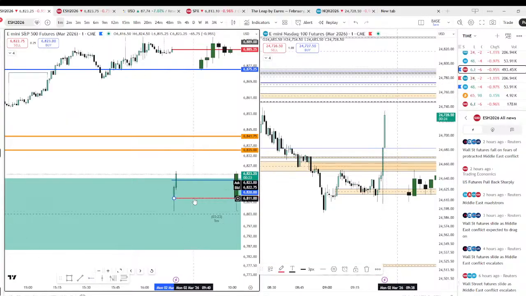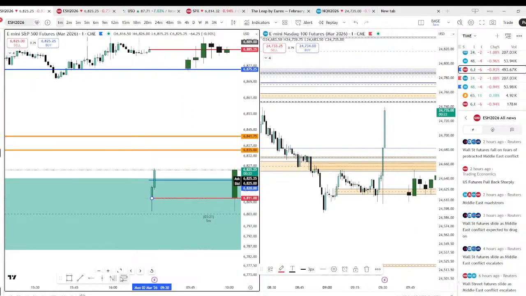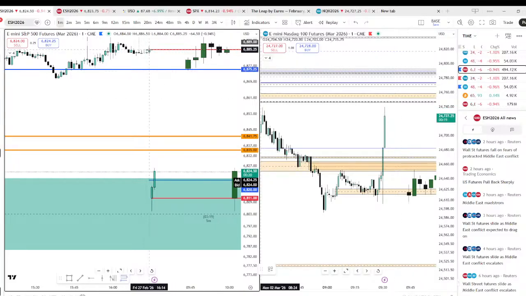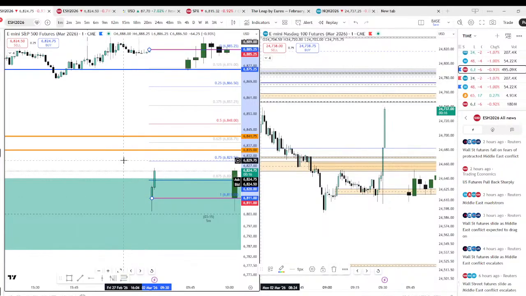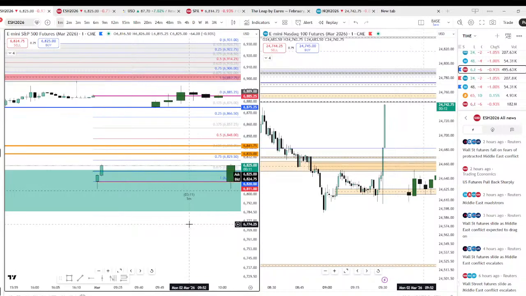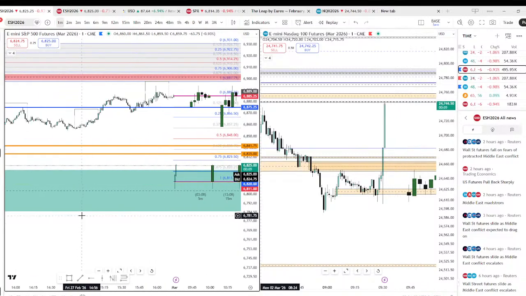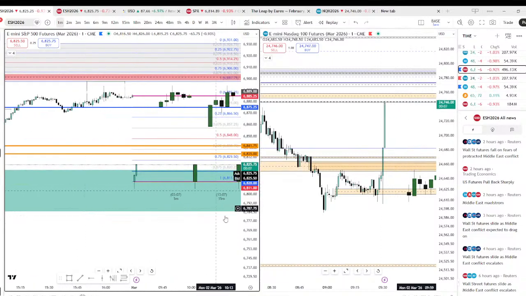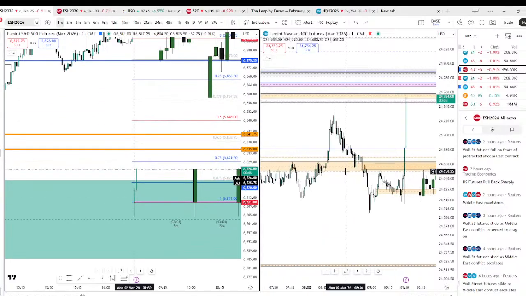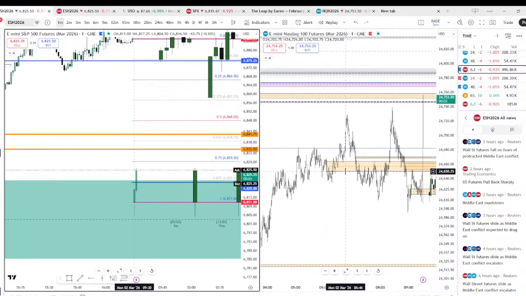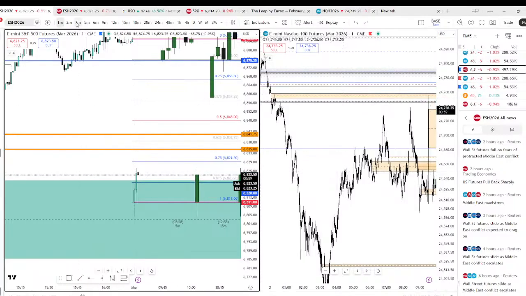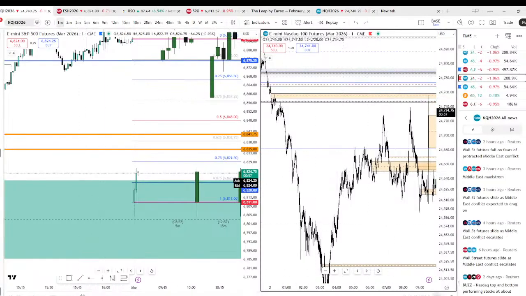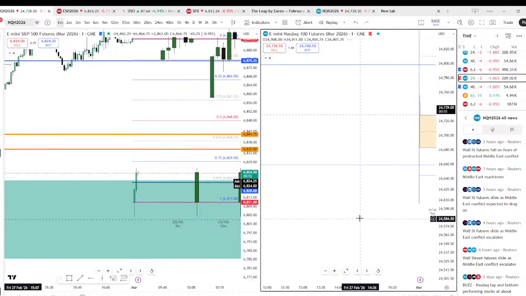Red for regular. Grade it. NQ getting way up there. Let's check their new day.